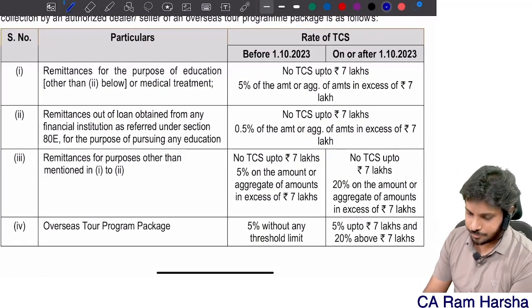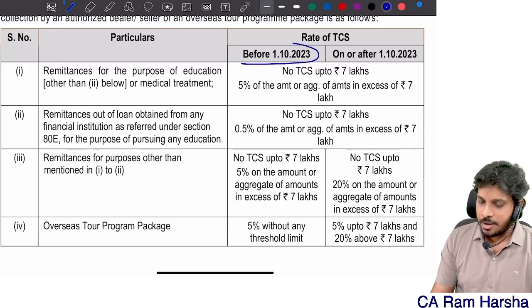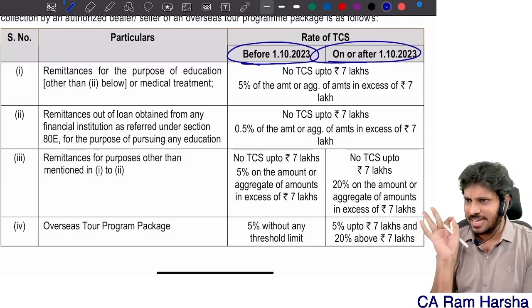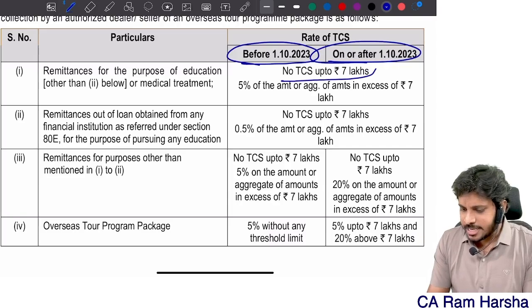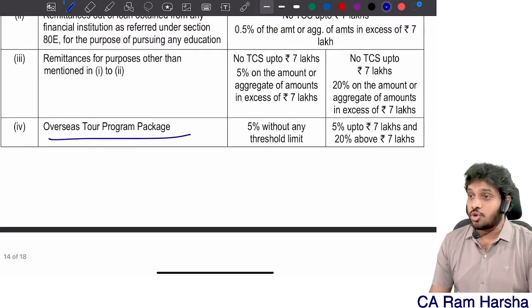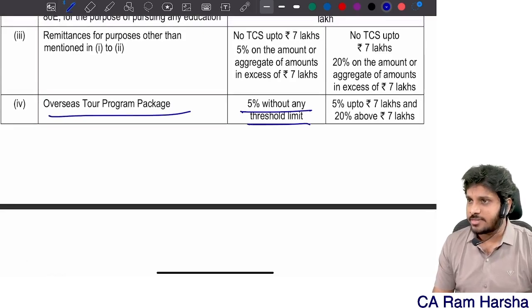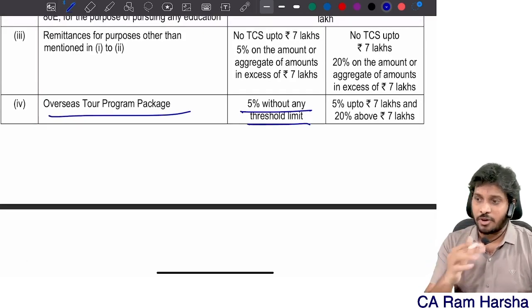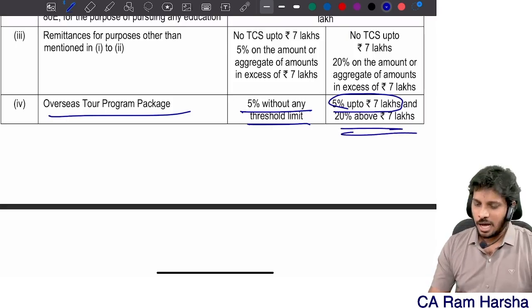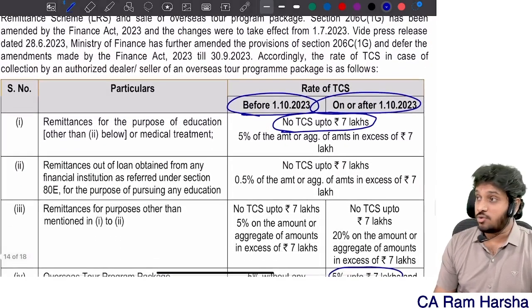Whether you are remitting before 1st October or on or after 1st October, can I say it like that? For an overseas tour package, 5% without any threshold limit if it is before 1st October. After 1st October, up to 7 lakhs only 5%, and beyond 7 lakhs it is 20%.